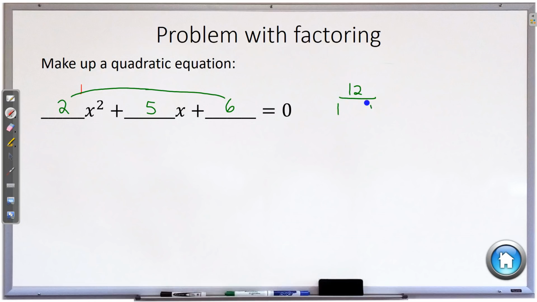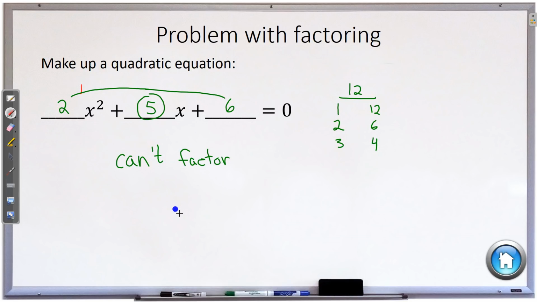So my options are 1 and 12, 2 and 6, and 3 and 4. And what you realize is that no combination of positives or negatives will ever get me to 5. Well, that just means we can't factor. And so we're out of luck.